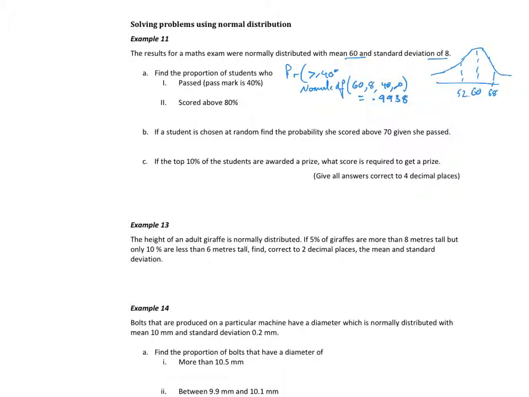All right, part B, scored above 80%. Well, it's a similar thing. Probability that X is greater than 80, or 0.8. Normal CDF.